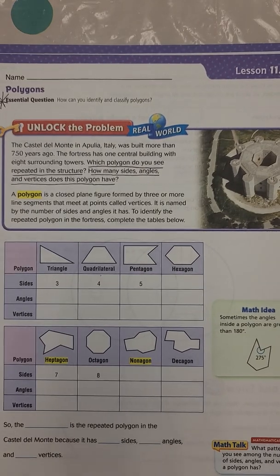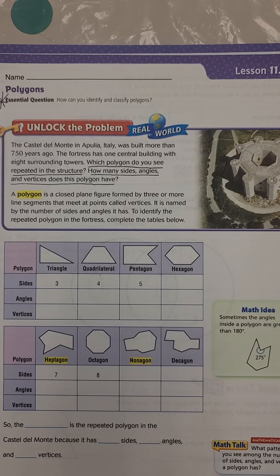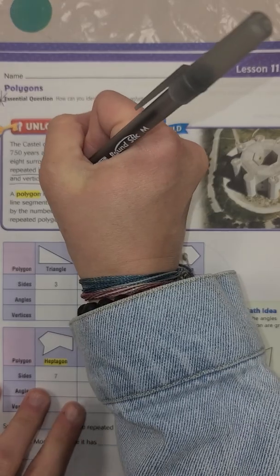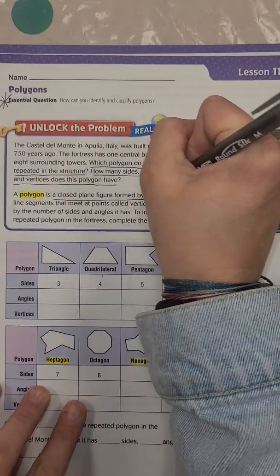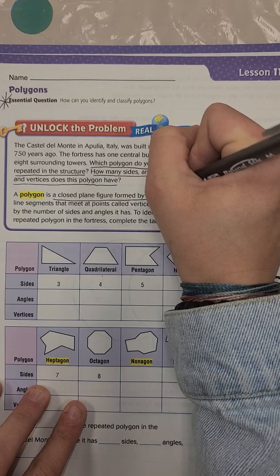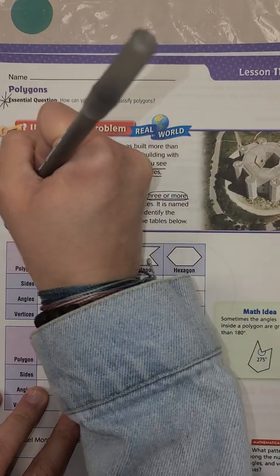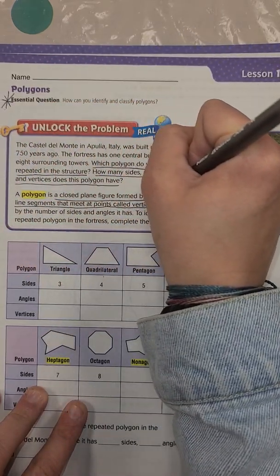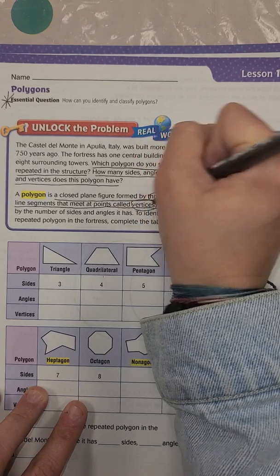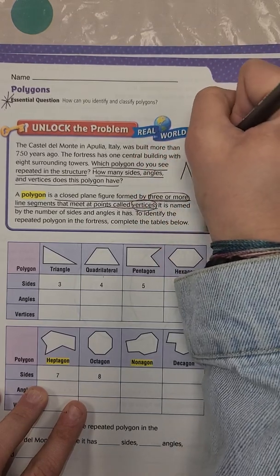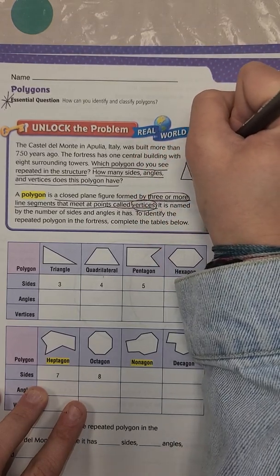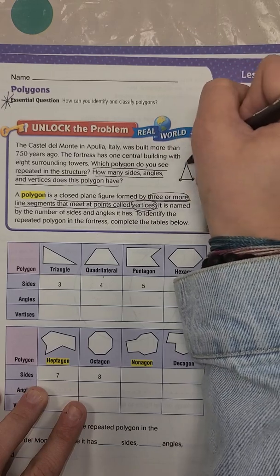So they tell us that a polygon is a closed plane figure formed by 3 or more line segments that meet at points called vertices. So here's my polygon, and those points on the edges are your vertices.